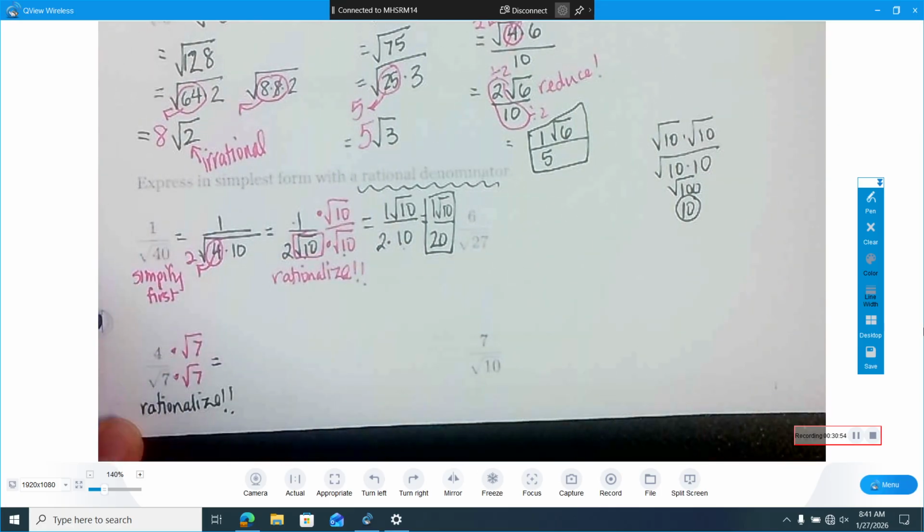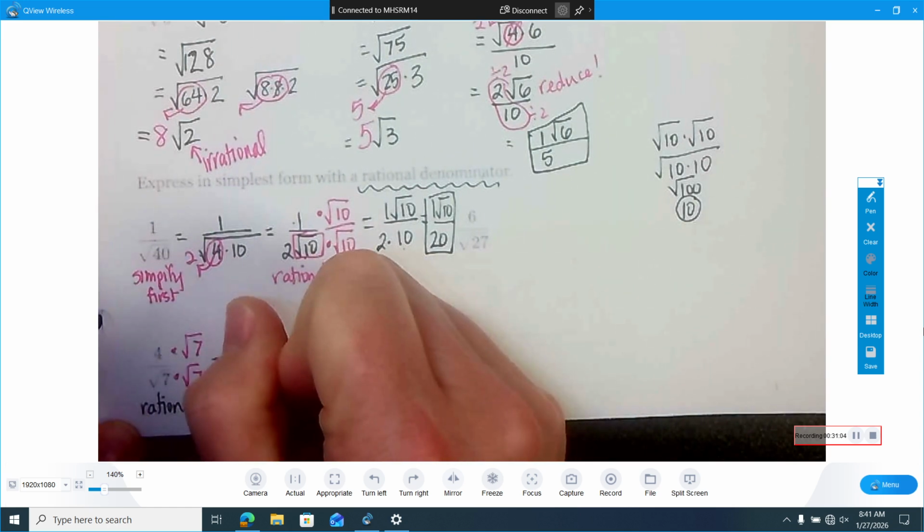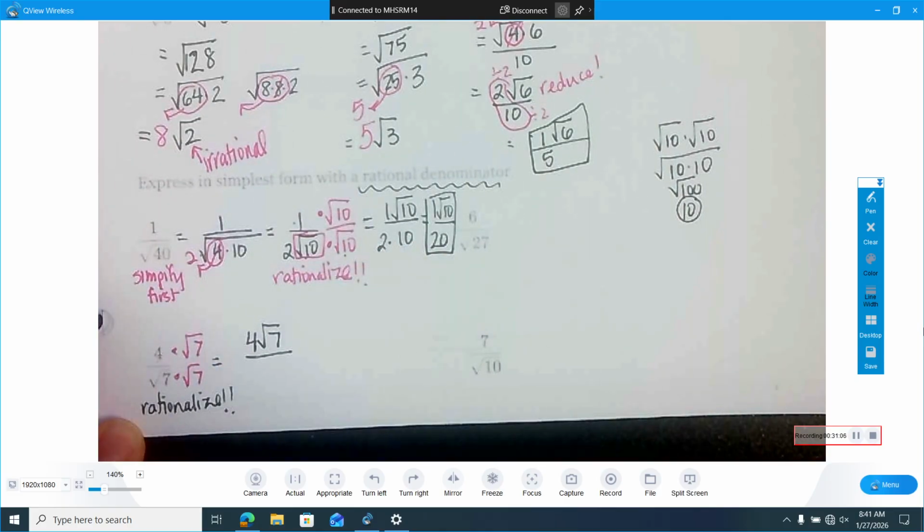What do I get in the numerator now? Four times radical 7, so 4 radical 7. And what do I get in the denominator? What is radical 7 times radical 7? 7, yes.